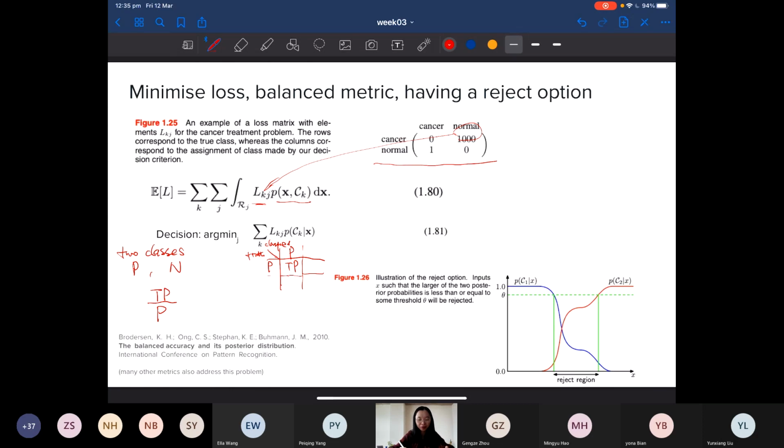It's a very useful thing. I don't see it in the textbook. It might show up somewhere else, but it's useful. If the true class label is negative and I classify as negative, then it's a true negative, right?